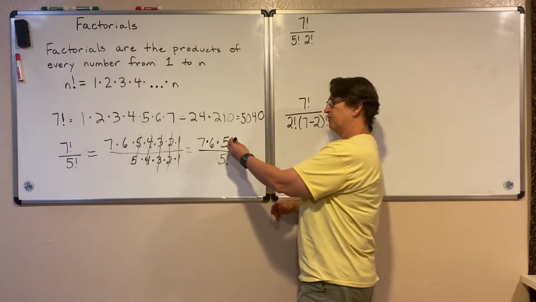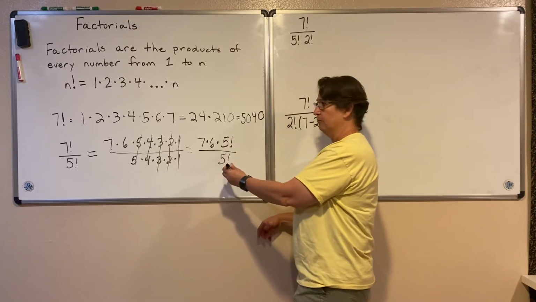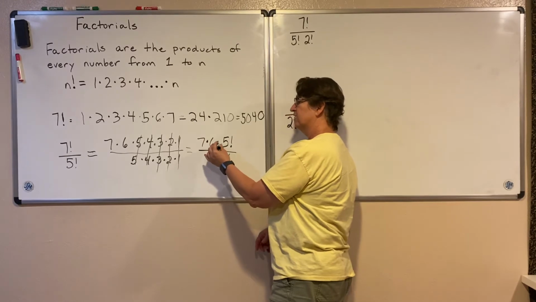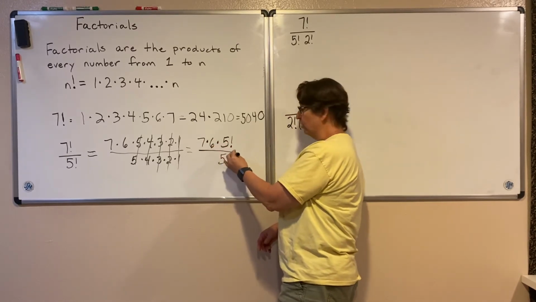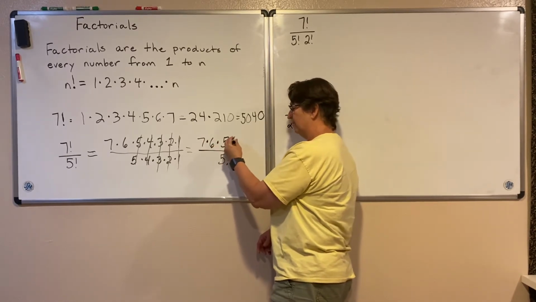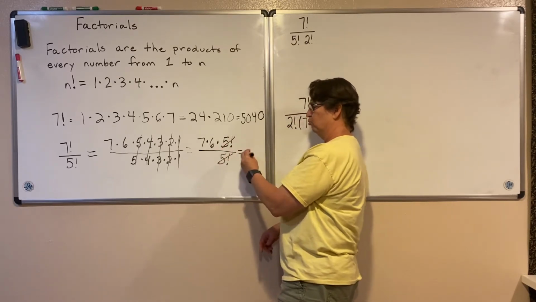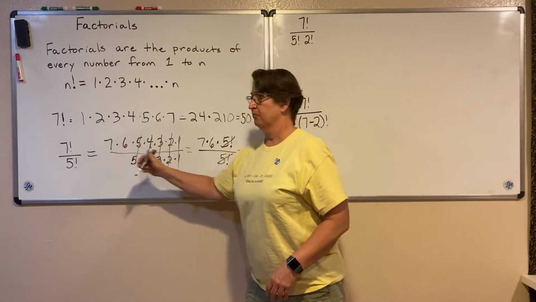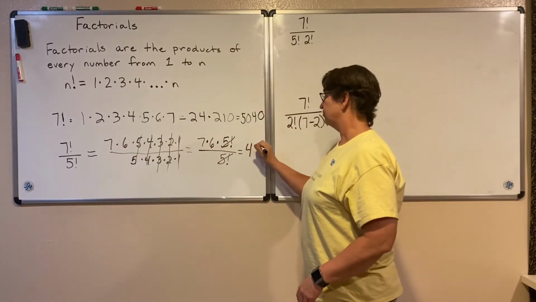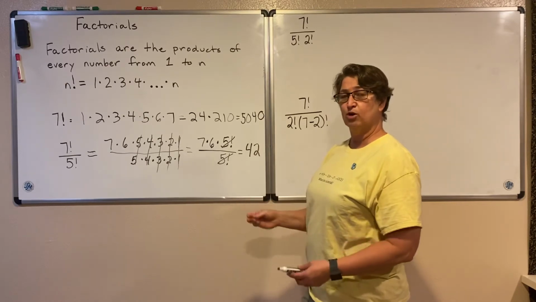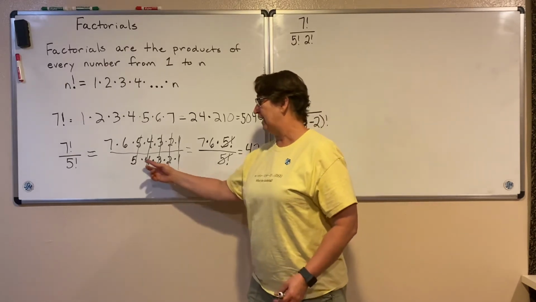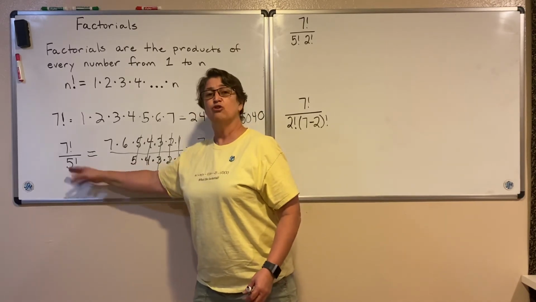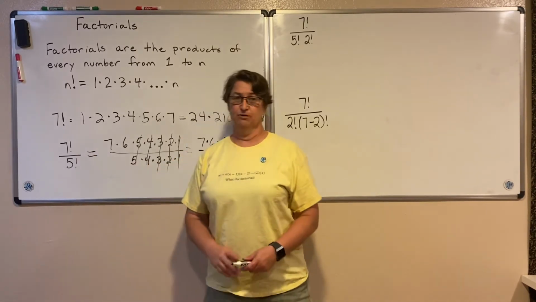Notice it's the same thing on top as it is on bottom. So I could have just stopped. I could have written 7 times 6 times 5 factorial, and this 5 factorial divided by that 5 factorial becomes 1. So I have 7 times 6 either way, which gives me 42. As our problems get more and more complicated, this may be handy to do so that we stop at a number so that we can cancel out or simplify.